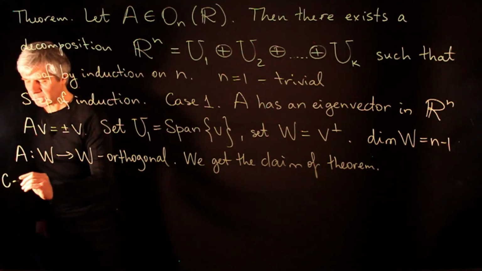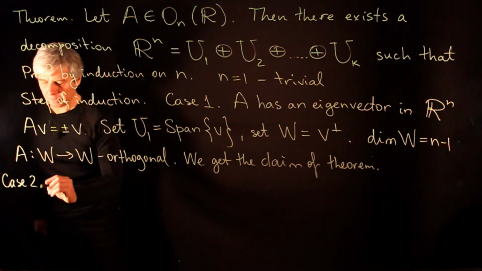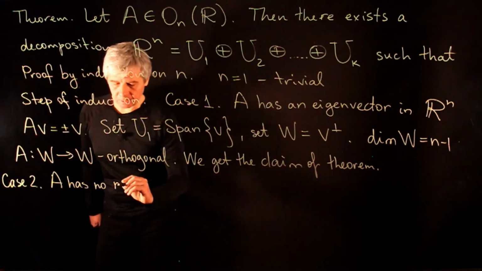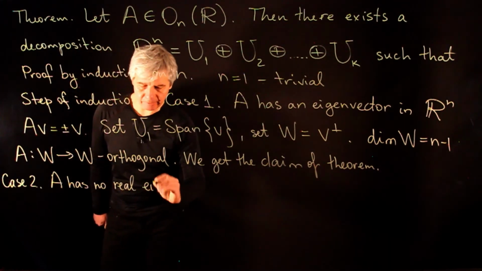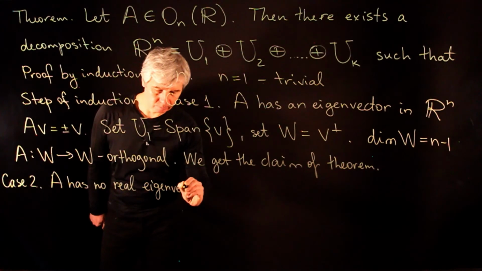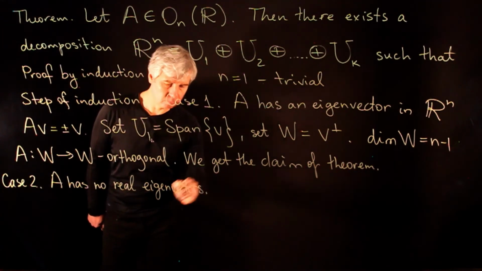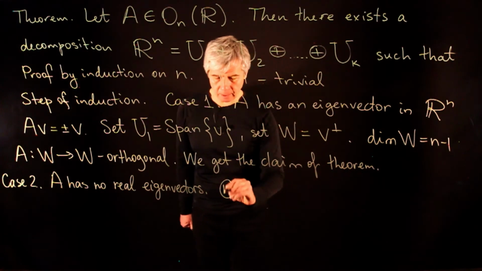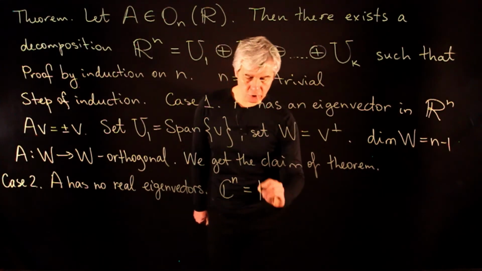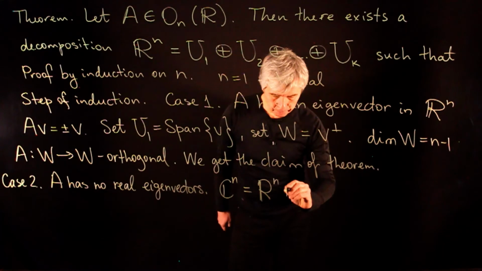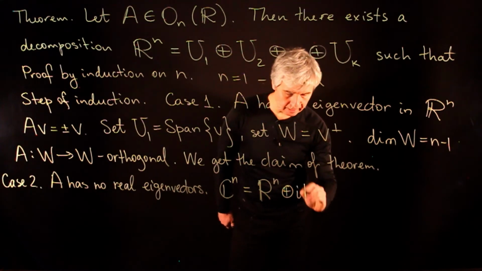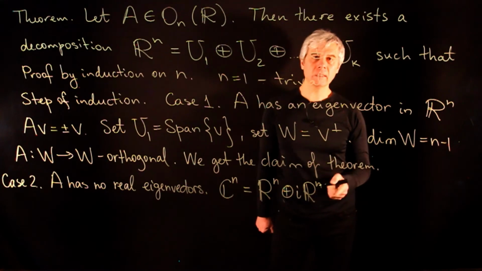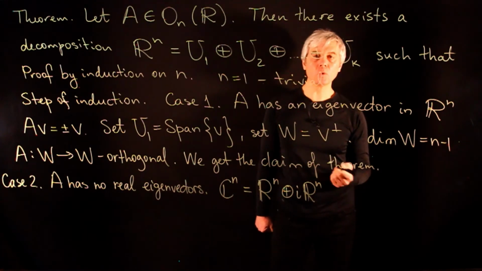Now, the more interesting case is case 2, when A has no real eigenvectors. In this case, we will complexify the space, and so we consider the complexification Cn, which is Rn plus i Rn. And then any real orthogonal matrix is unitary.